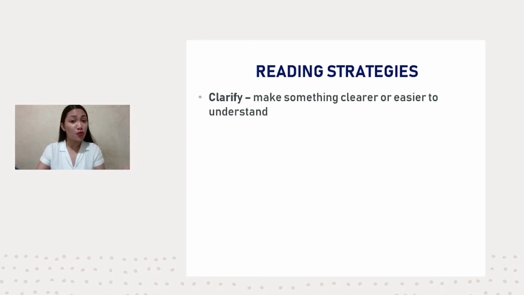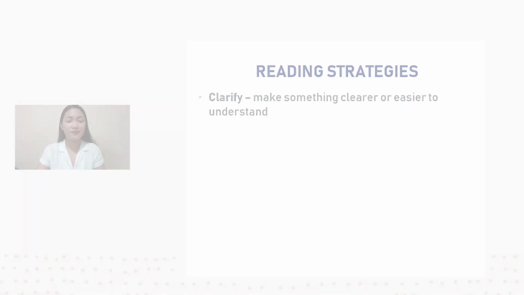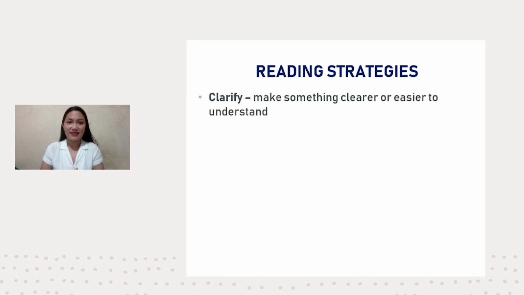So what I would do is clarify its meaning. Where will I clarify the meaning of the word? I may use dictionaries. In order to make something clearer or easier to understand, I will clarify the terminologies that are unfamiliar to me.